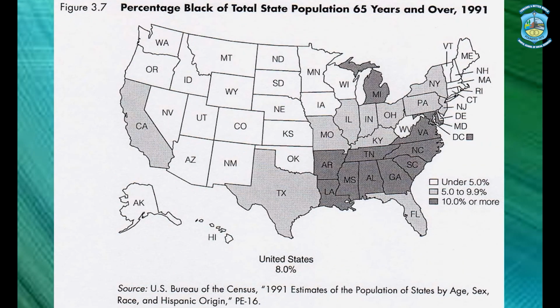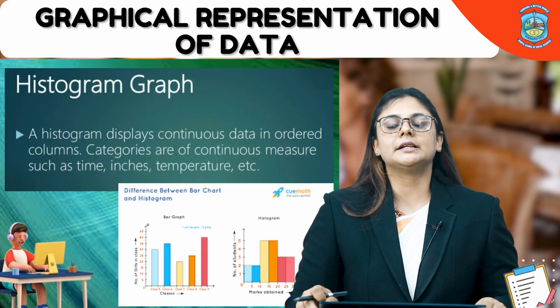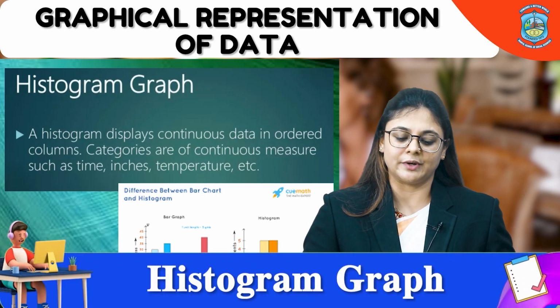This is an example of the total black population over 65 years, the data belongs to 1991, and again this is the key according to which you can comprehend this statistical map, that in which state what was the population.